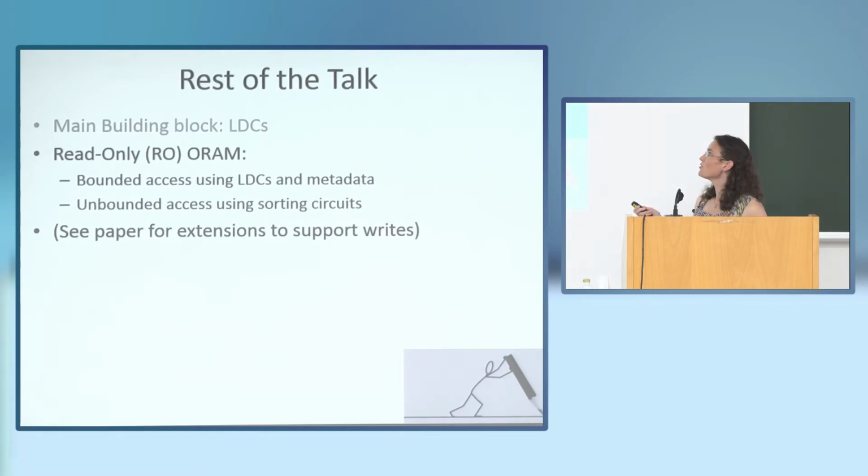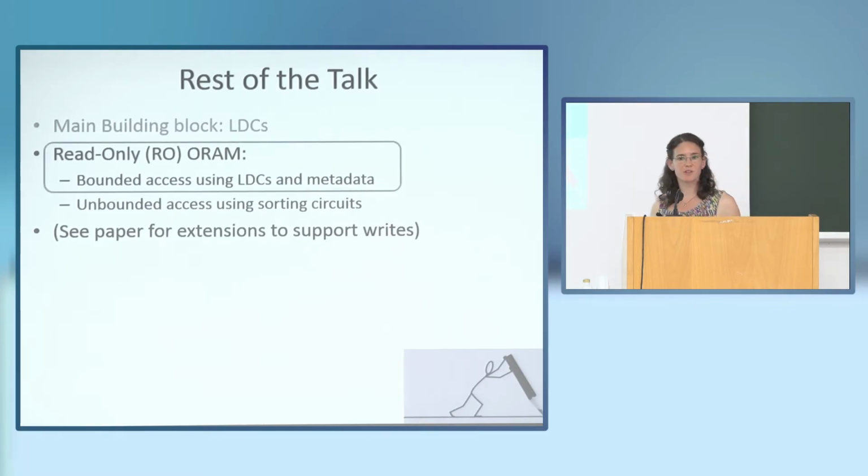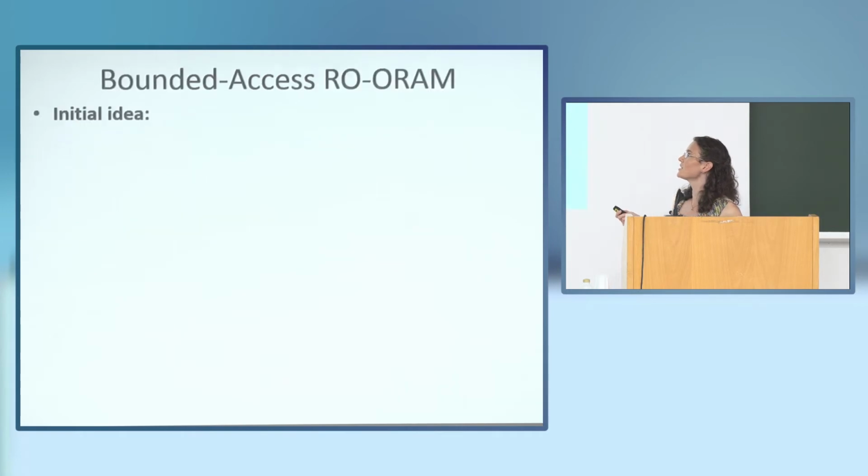Okay, so now for the bounded access scheme equipped with these locally decodable codes, here's an initial idea. We know that if you take your database and encode it using a locally decodable code, you can recover any database entry by only making k queries. Each of these queries in itself looks uniformly random, but when you see all of them together, you know what you're trying to recover.